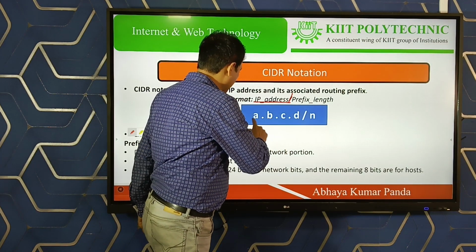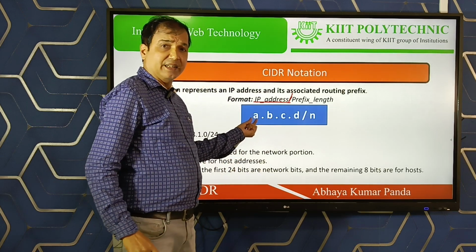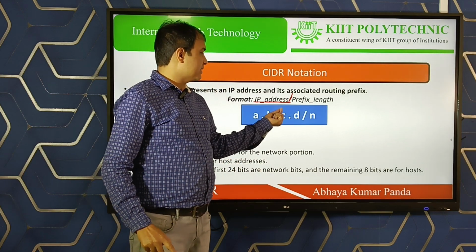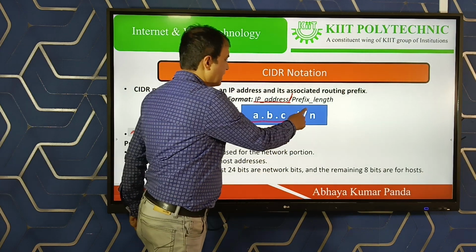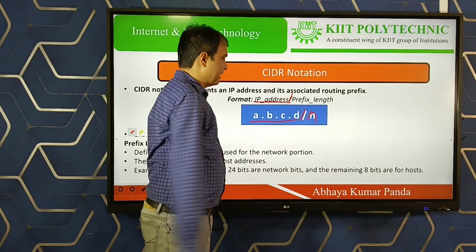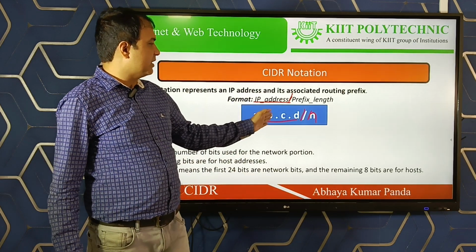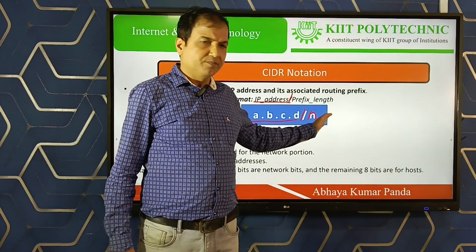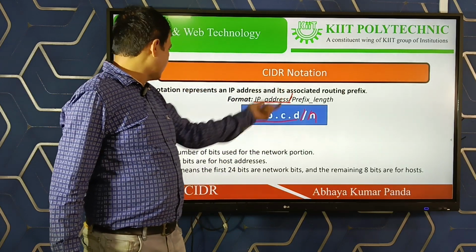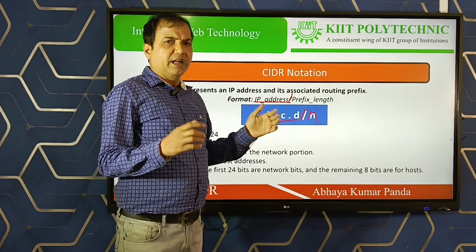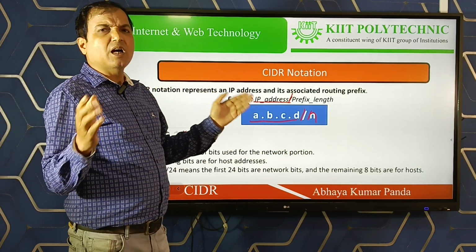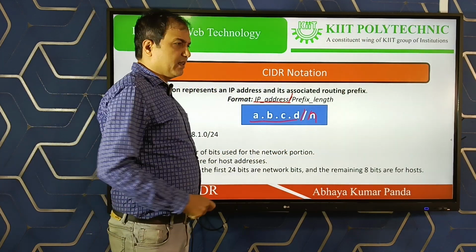We write A.B.C.D in dotted decimal format, then a slash, then n, that is A.B.C.D/n. Here n is the routing prefix or prefix length. It denotes the length of the network ID.